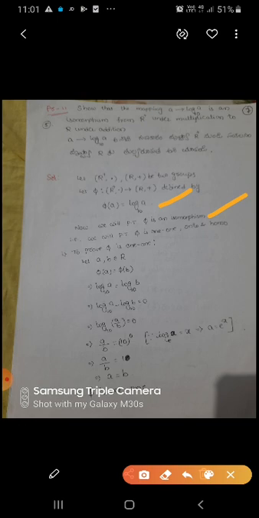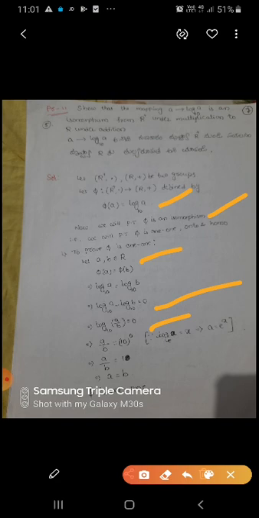First, to prove phi is 1-1, let A, B belong to R plus. Suppose phi of A equals phi of B. That implies log A base 10 equals log B base 10, so log A base 10 minus log B base 10 equals 0. Log A minus log B equals log A by B, so log of A by B base 10 equals 0.